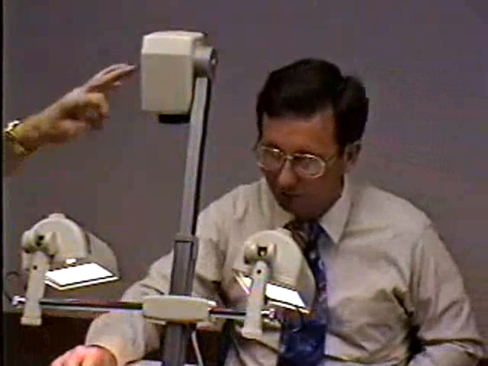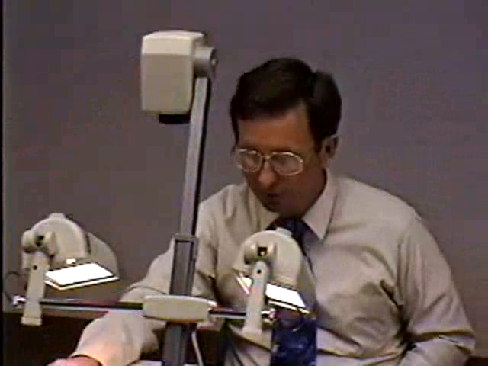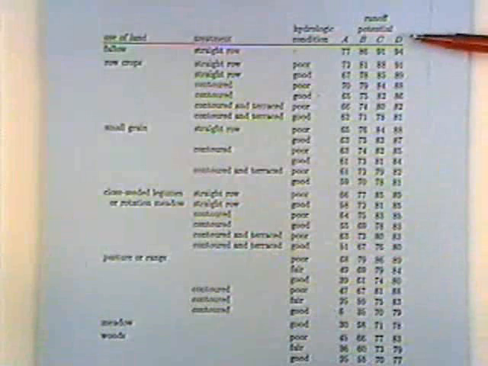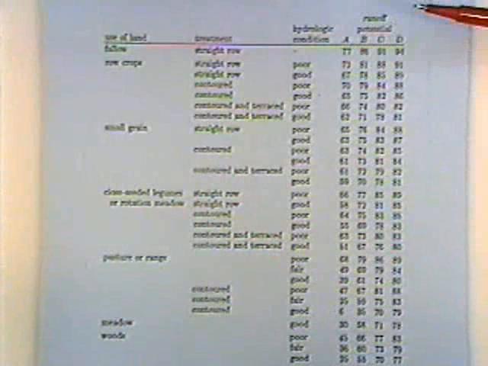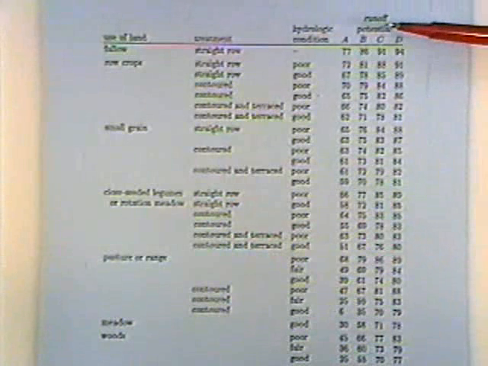I've copied this out of the Civil Engineering Reference Manual, and this is just some runoff coefficients for different types of soil types, and they define the soil types in the book, but D would be like we have here in College Station, in which infiltration's at a minimum. That's clay soils. A would be sandy soils, where you have a high infiltration rate.